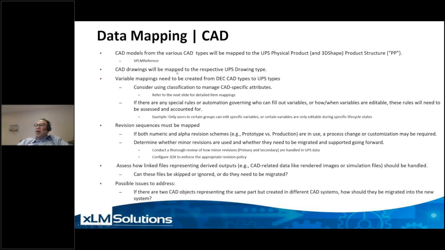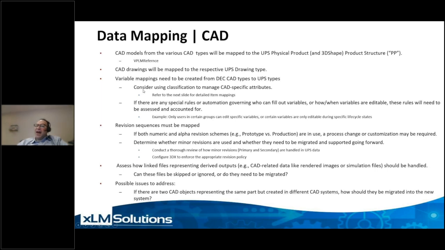CAD drawings will be mapped to a UPS drawing type, so it will have its own type. When you're doing mappings, you need to map the variables, what metadata you have on your Designer Central CAD data, to the various UPS types. There will be attributes that come out of the box, and then you can create your own custom attributes as needed.